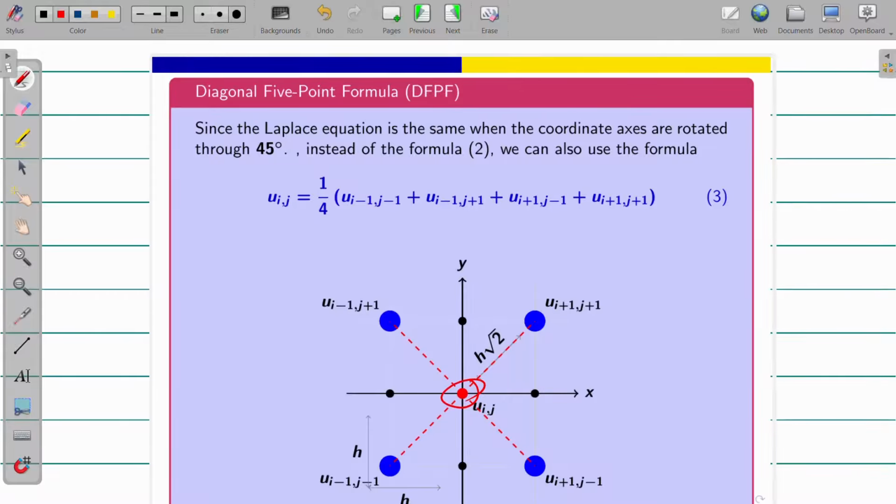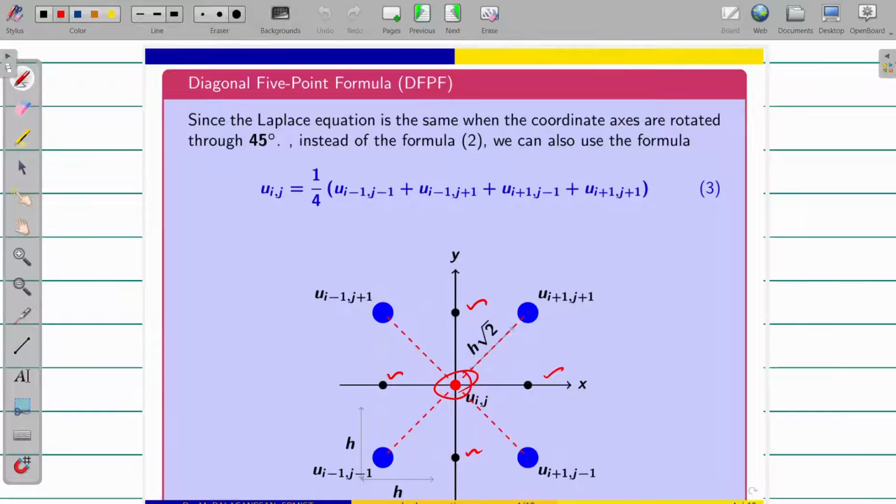Previously, what did we take? Left, right, top, bottom. The average of those will be the standard 5-point formula. But we are not going to do that now. So what are we going to do? Diagonal. You know very well what diagonal is. That's why they have given it through 45 degrees. So these are all the diagonal points.